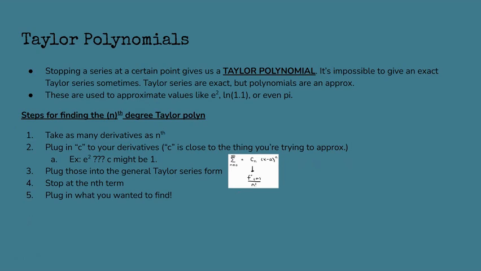So the more terms you add to the Taylor polynomial, the more accurate it will be. Because if you did infinity of these, then that's what the Taylor series is. The reason we don't always just do a Taylor series is because it's not always easy or even possible to find the Taylor series representation, since the patterns may be so obscure. But that's what we're looking at right here.